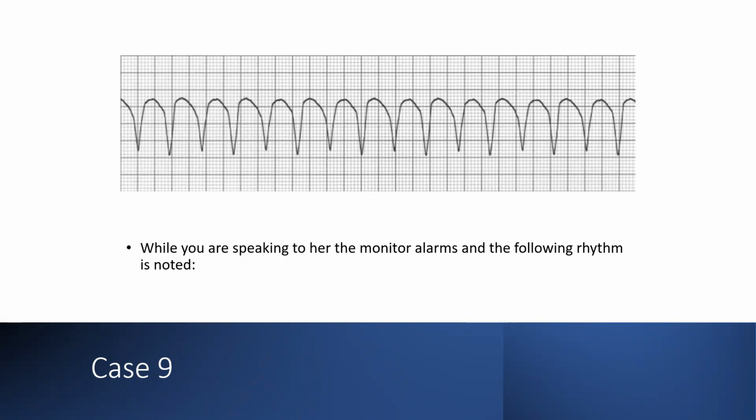So we know that this is a ventricular tachycardia. Again, why did we think that it is ventricular? Number one, the QRS complexes are wide, and we call it ventricular for that particular reason. We call it tachycardia because the rate is over 100.